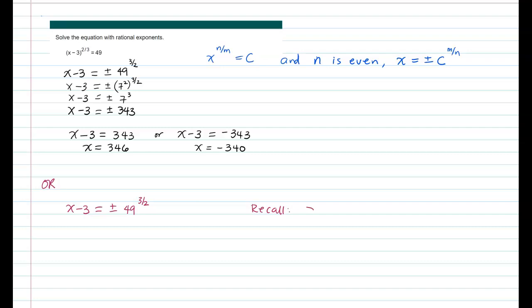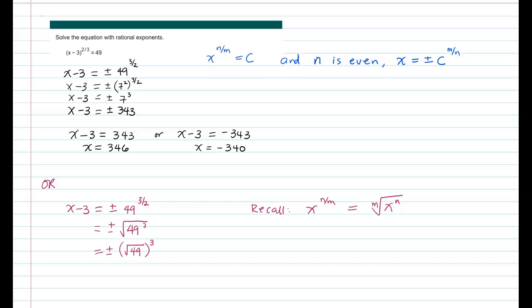If you have x to the n over m, this is the same as the mth root of x to the n. So 49 to the 3 halves is the same as the square root of 49 cubed, which can also be written as the square root of 49, quantity cubed, with the plus or minus.